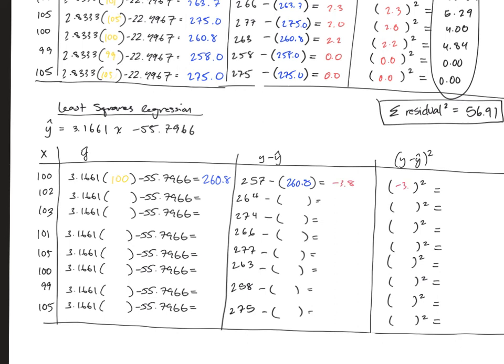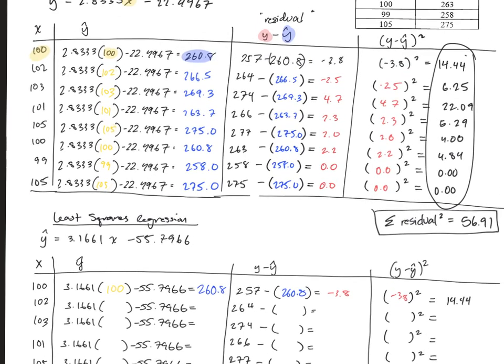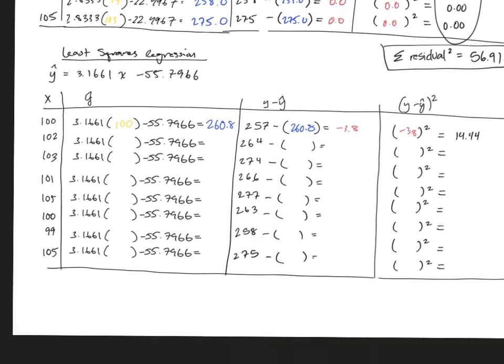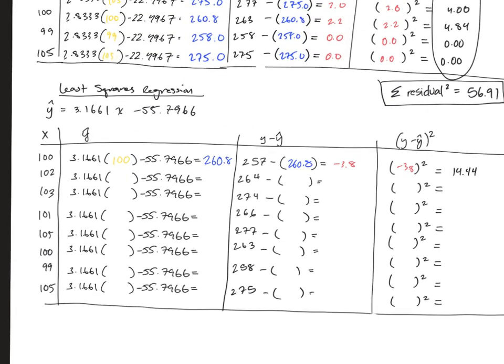We'll square that. The residual, remember, is the difference between the observed and predicted value. Squaring the residual, we'll end up with the answer of 14.44, which looks very similar to what we had previously for the first value. So now let's keep filling this out. Check back in with me in a second.